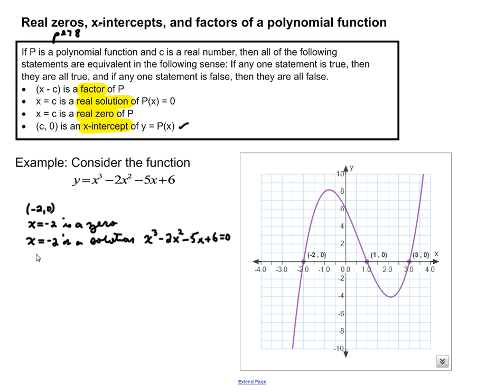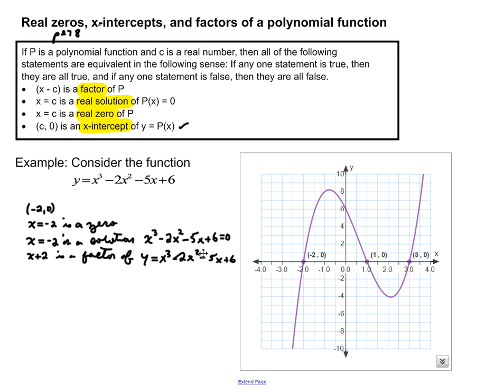And not only that, one other thing tells us that x minus negative 2, that is x plus 2, is a factor of our polynomial y equals x cubed minus 2x squared minus 5x plus 6.